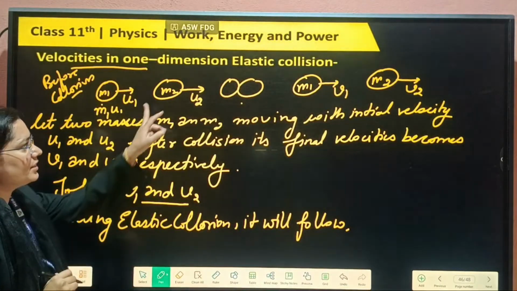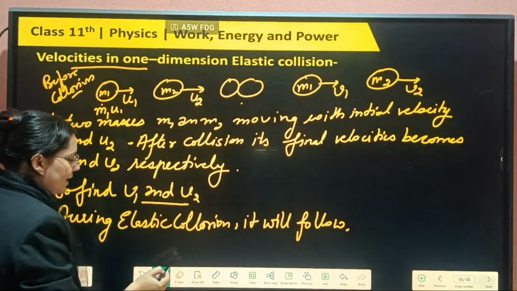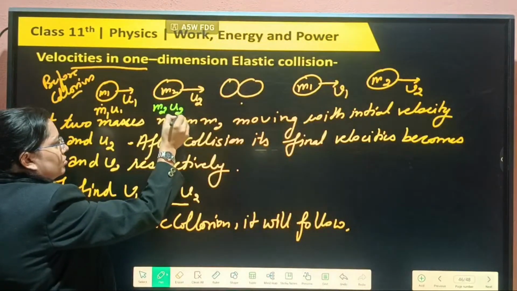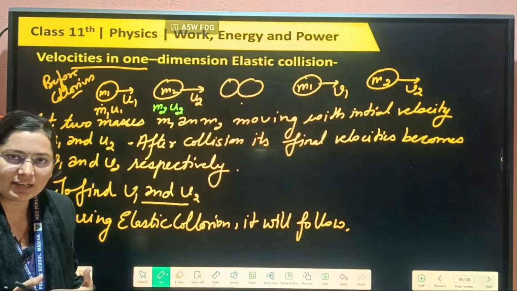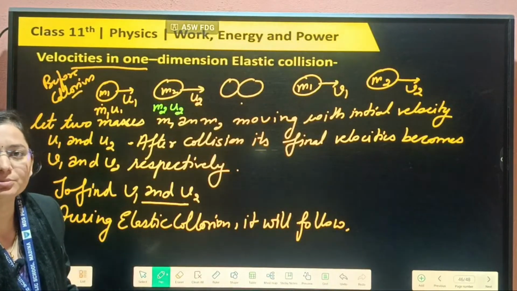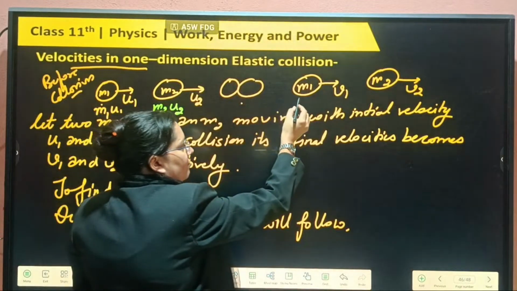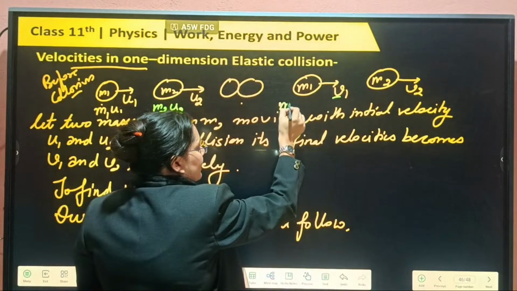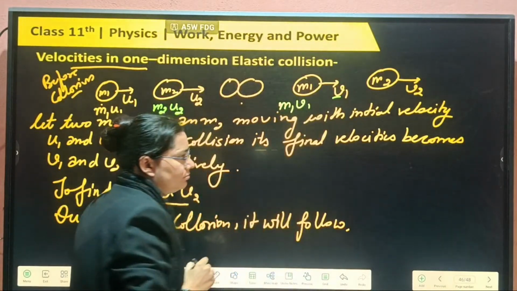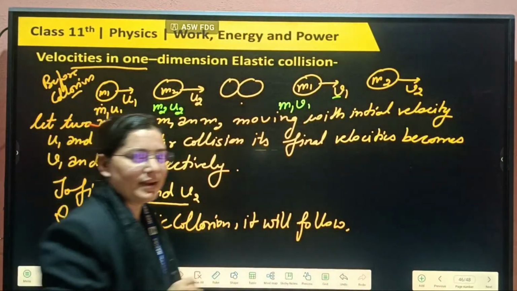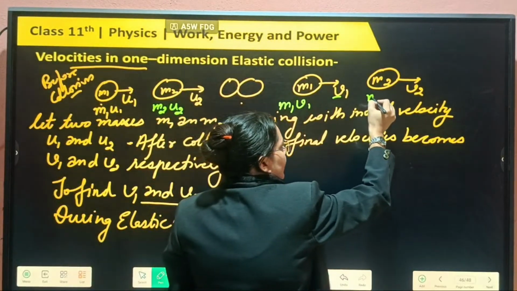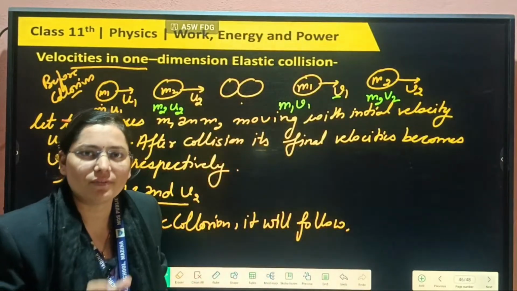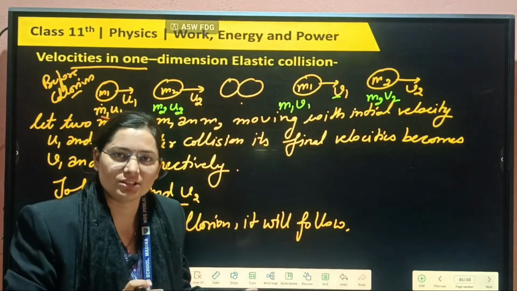The momentum of the other body, whose mass is m2 and velocity is u2, is m2 u2. This is the initial linear momentum of the second body. After the collision the velocity of m1 becomes v1, so its momentum is m1 v1. Final linear momentum of mass m2 is m2 v2. So we have written the momentum of each body before the collision and after the collision.